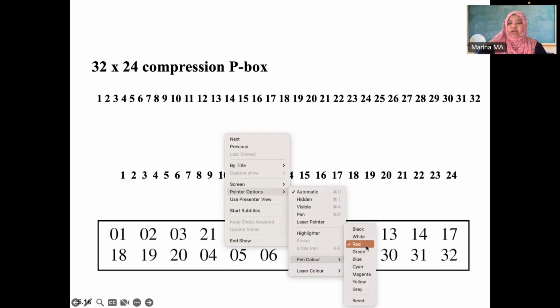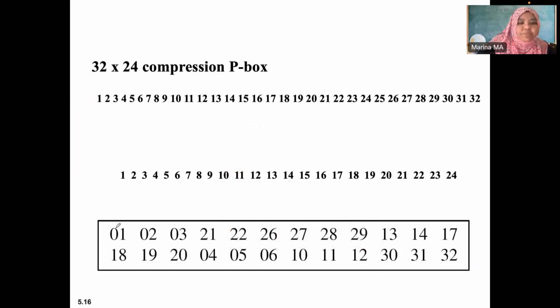Blue, red, white, and blue. First position in the plain text becomes first position in the ciphertext. Second position in the plain text becomes second position in the ciphertext. Third position in the plain text becomes third position in the ciphertext.